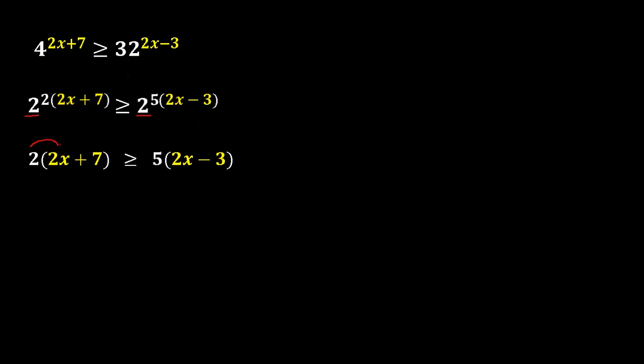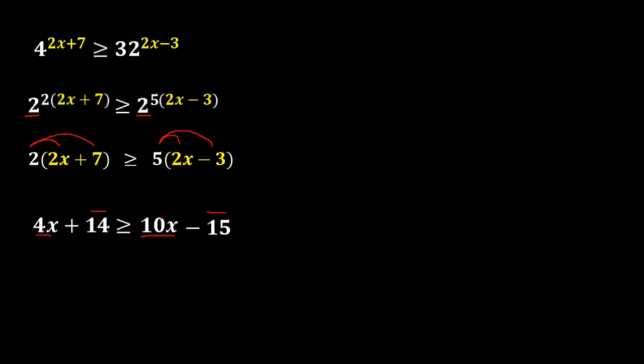2 times 2x is 4x. 2 times 7 is 14, which is greater than or equal to 5 times 2x, which is 10x. 5 times negative 3 is negative 15. So 4x, we need to combine this with 10x. Also combine 14 and negative 15.